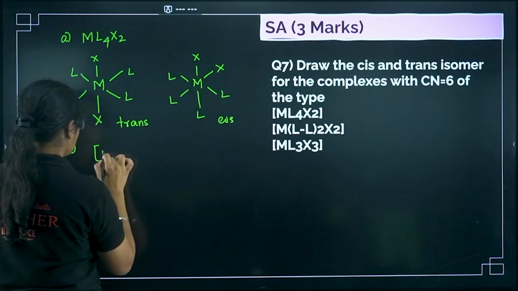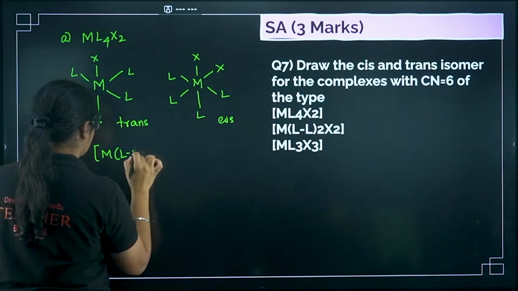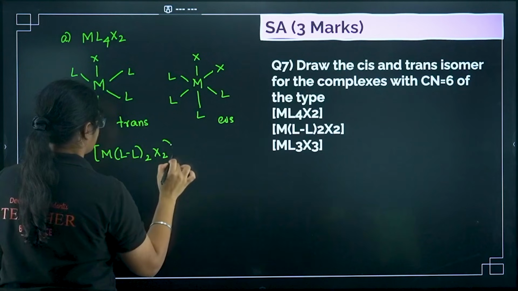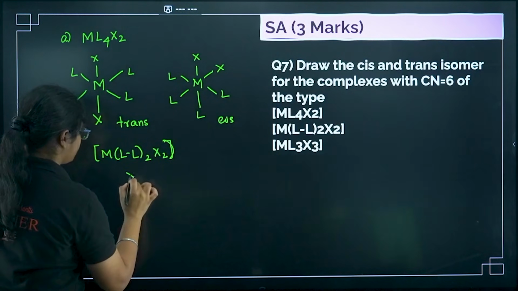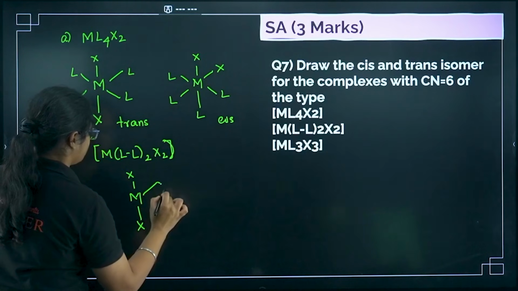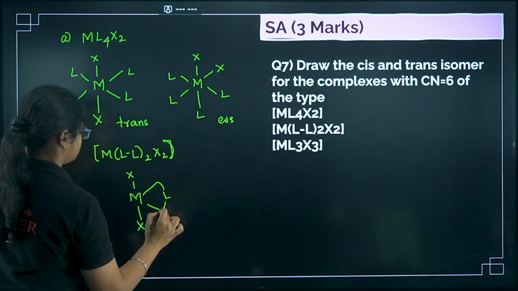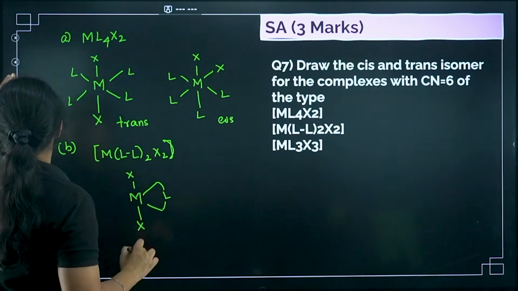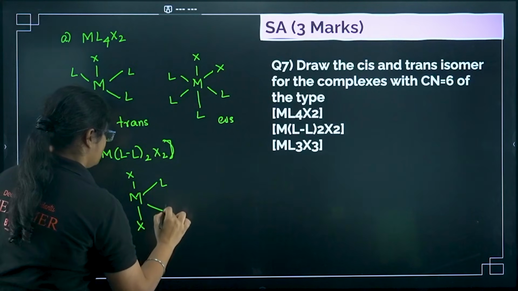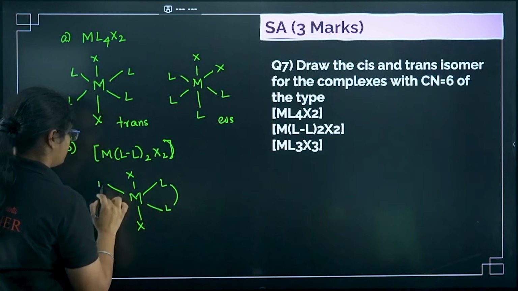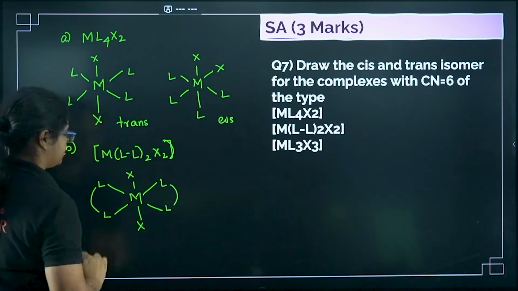Next you have B, which is MLL2X2. Now here M is there, you have X, and you have L, right? I'll draw like this. I can have L like this, and you have L and L like this.